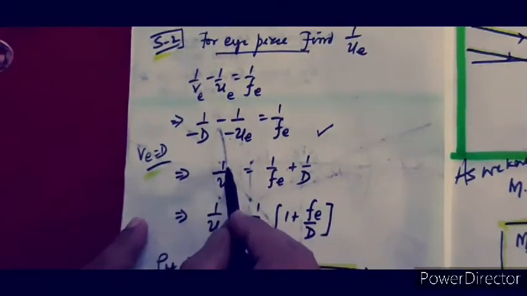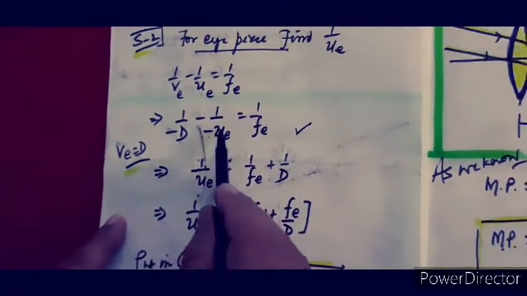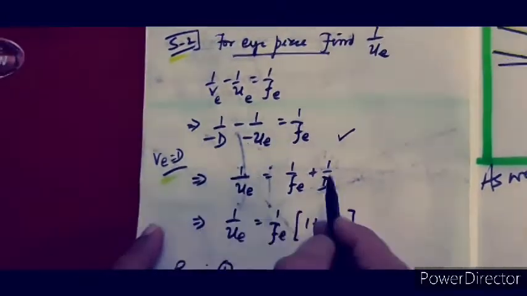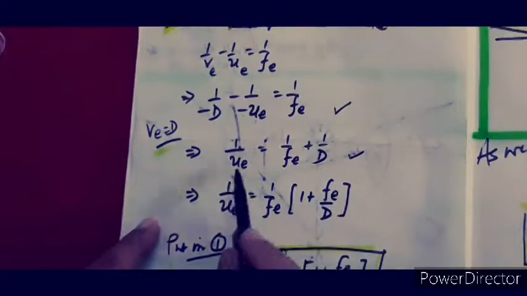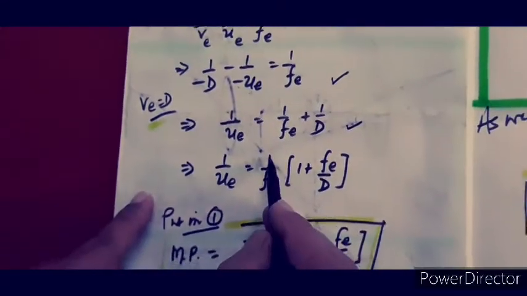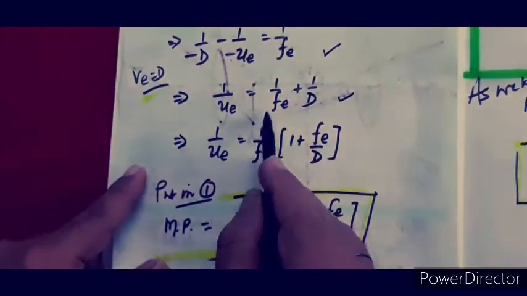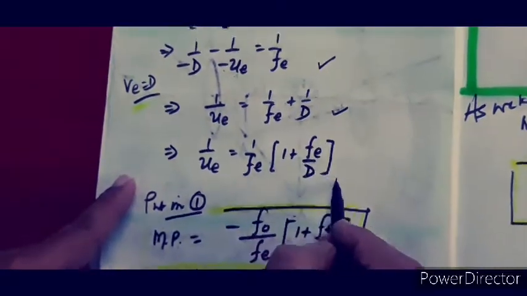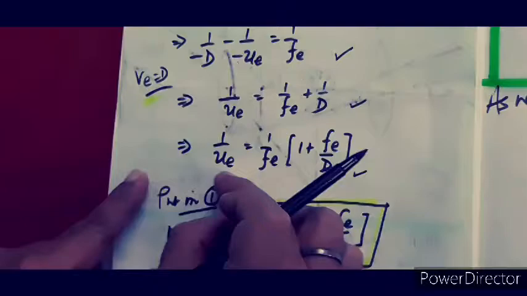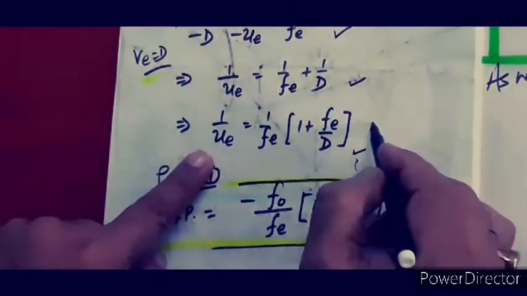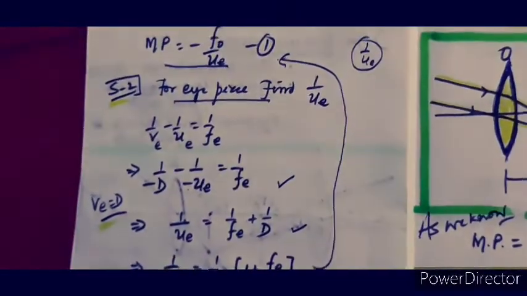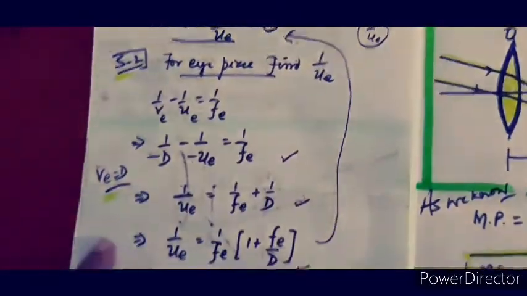So ultimately what we are getting, 1 by UE is equal to, this becomes positive, 1 by FE plus 1 by D. So 1 by UE is equal to 1 by FE, we are going to take it common, 1 plus FE by D. So in place of 1 by UE, here we are going to put this value in equation 1.